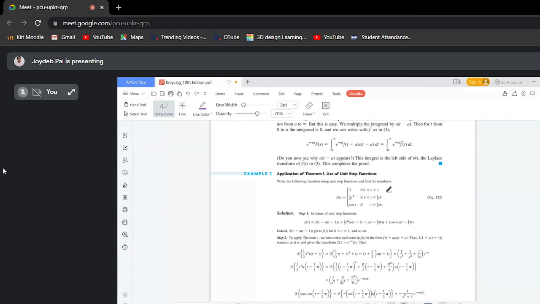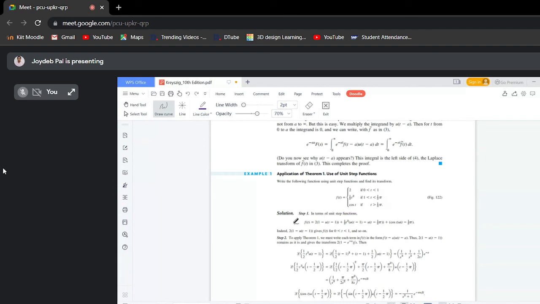Every piecewise function can be represented as a Heaviside function. How to represent it, that is the main part here.